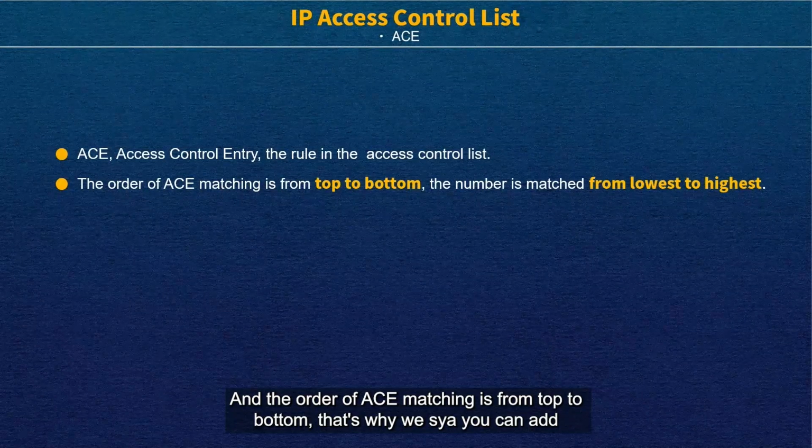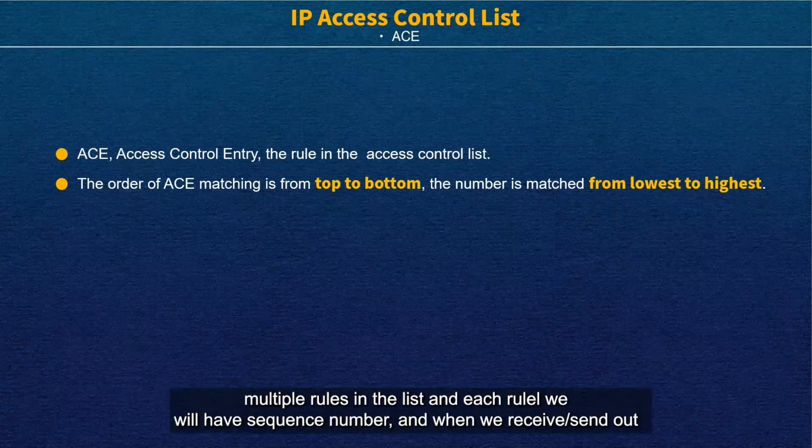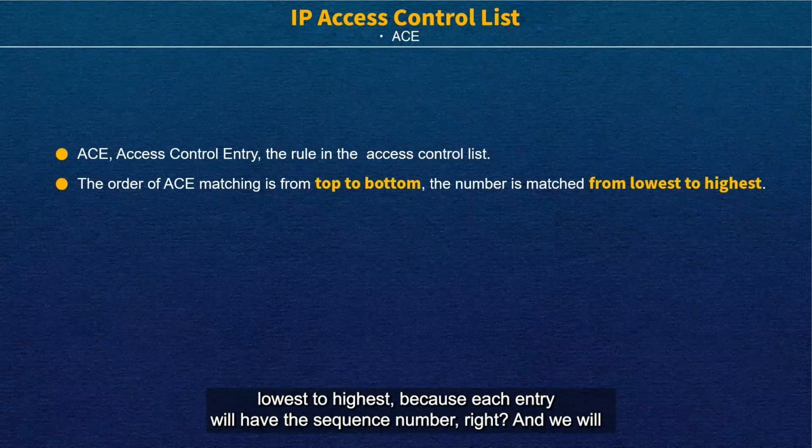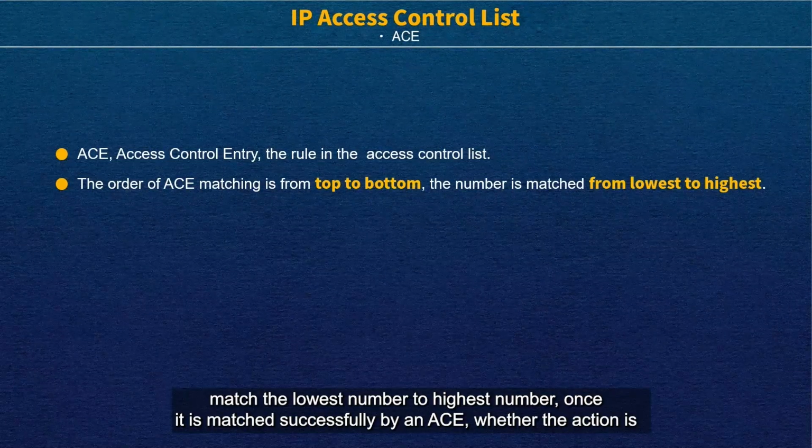That's why you can add multiple rules in the list, and each rule has a sequence number. When we receive a message, we match it from top to bottom, from the lowest number to the highest, because each entry has a sequence number, right?